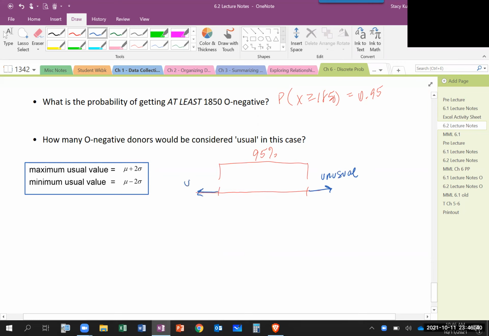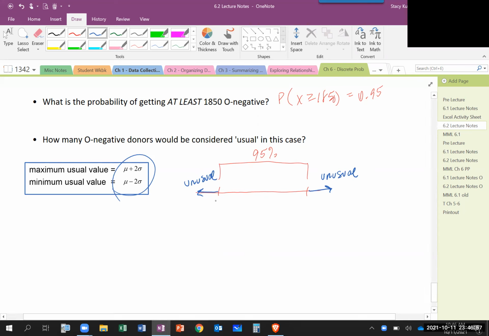Okay, so in other words, here is unusual, and here is unusual. And we know that 95%, based on the empirical rule, happens 2 standard deviations away from the middle.